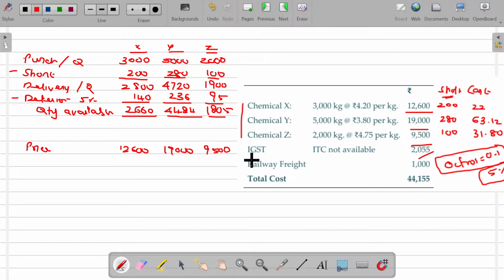IGST, ITC not available. If ITC is available, no problem. If ITC is not available, what happens? You have to pay this. ITC available means you can get it refunded, otherwise it's final cost. You have to add IGST. No ITC. In case of ITC, you need not add. Now you have to add. What is the value? Come on, total this.